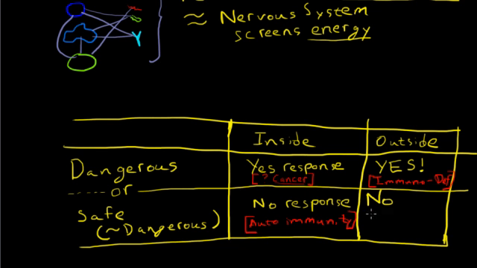Last but not least, and perhaps the most common in first world countries type of immune problem, is what if the immune system is encountering some material from outside the body that is not dangerous? It's totally safe. Well, we said before, it ought not to respond. This is not dangerous material. There's nothing worth responding to here.